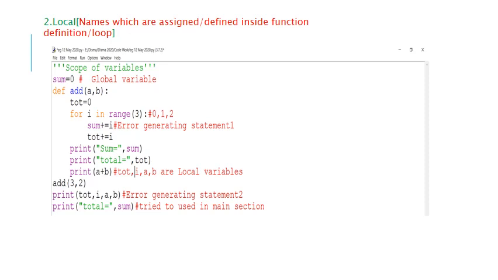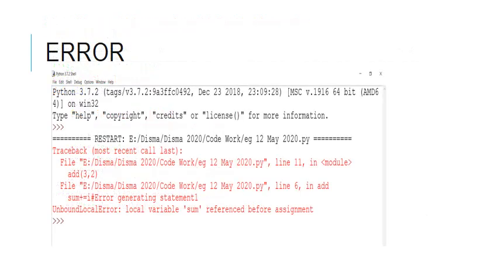So it will just have the value 0 for sum. Here you can see the error which is formed. The name of this error is unbound local error. You can see the statements which went incorrect.